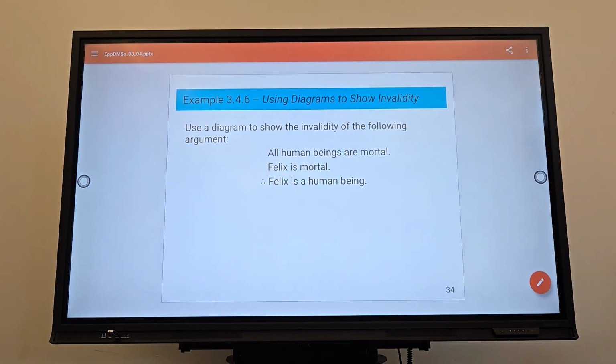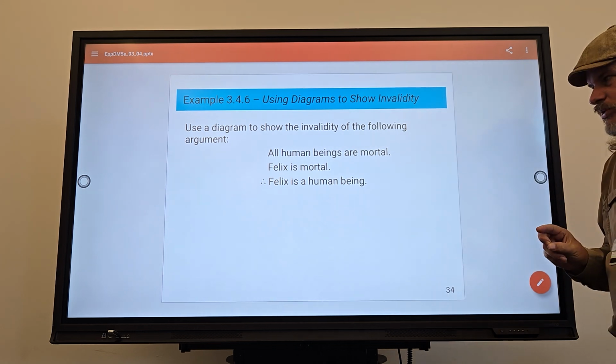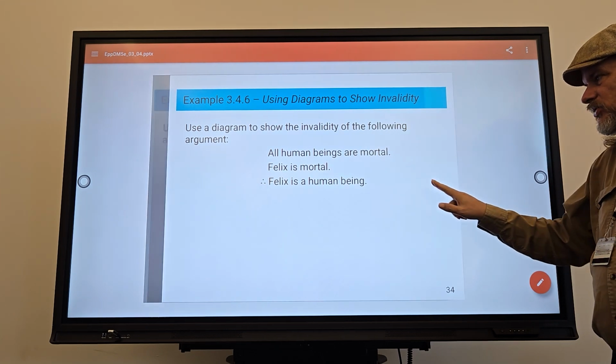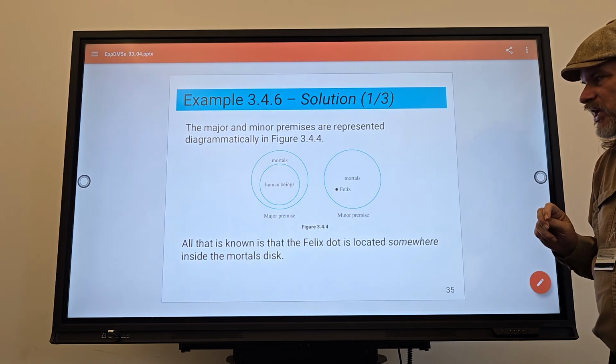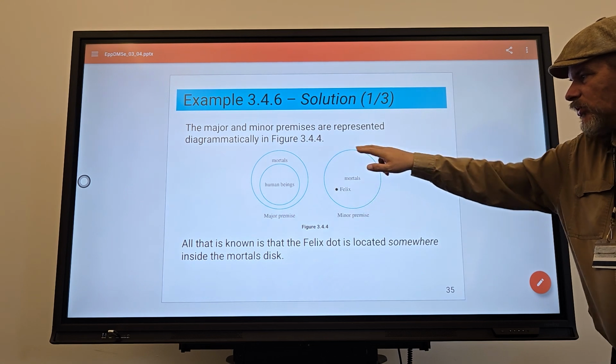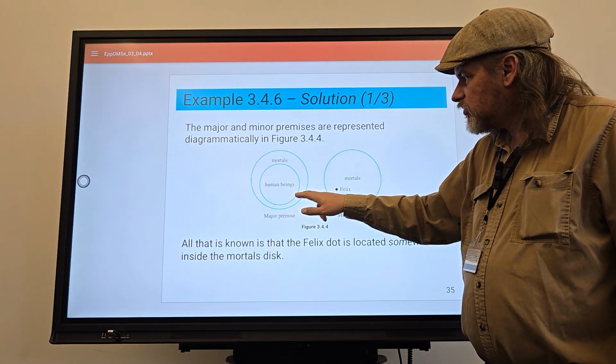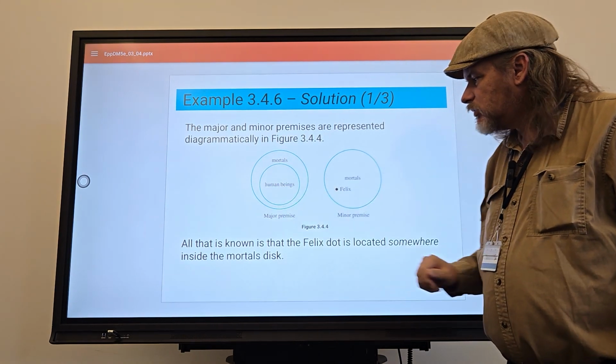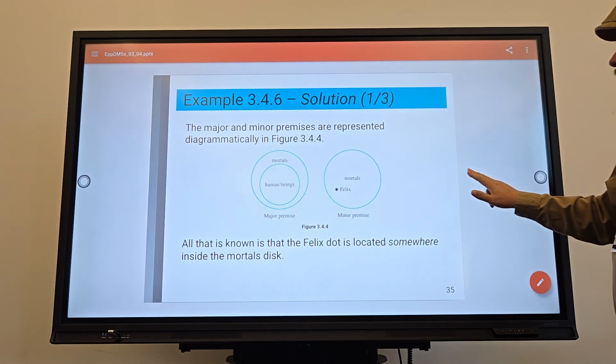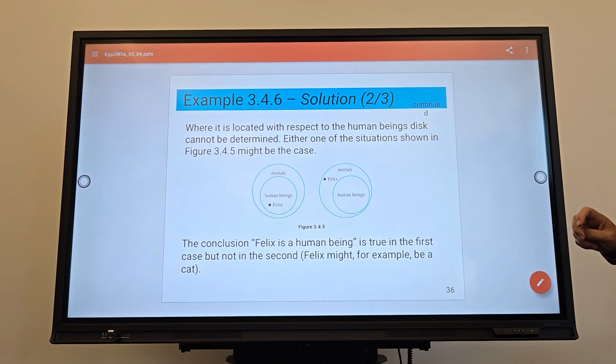Now, use a diagram to show the invalidity of the following argument. All human beings are mortal. Felix is mortal. Therefore, Felix is a human being. Not necessarily true, because Felix is somewhere in the mortals disk, but not necessarily within the inner disk of the human beings.